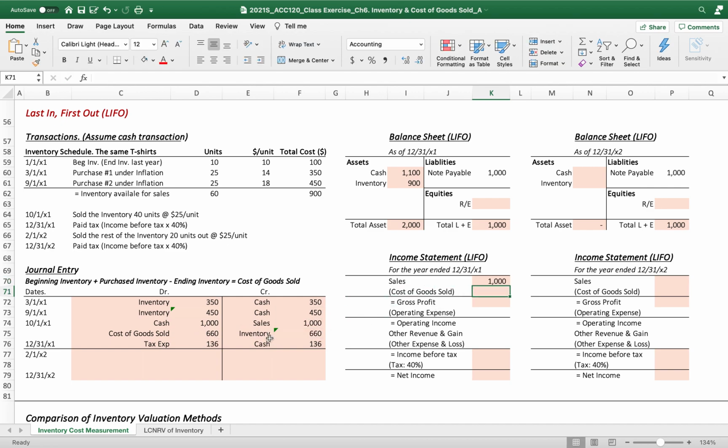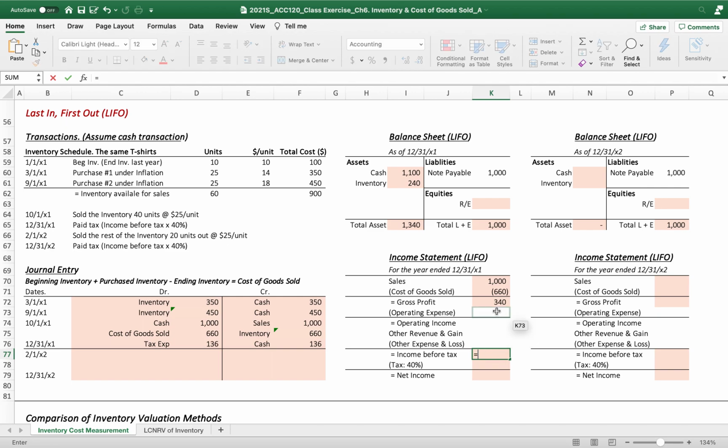Then the cost of goods sold was 660. Then out of this total inventory, we now measure the inventory when we measure this cost of goods sold from the last-in, first-out. Okay, and then the gross profit is 340.